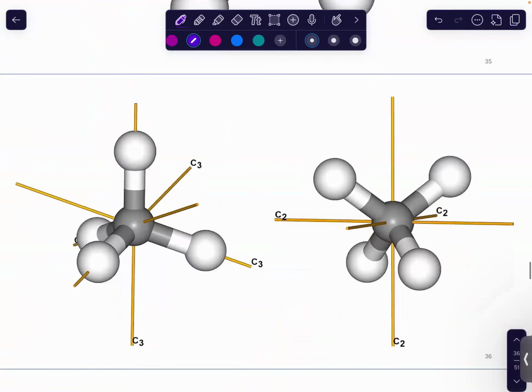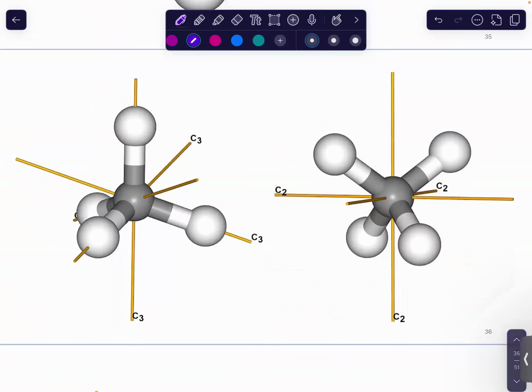So let's take a look at some of these. Like you said, we have C3s down each bond. And then you see all the C2s. So I've rotated it so you can see all the C2s that are going to take hydrogens there to there, over and over again.